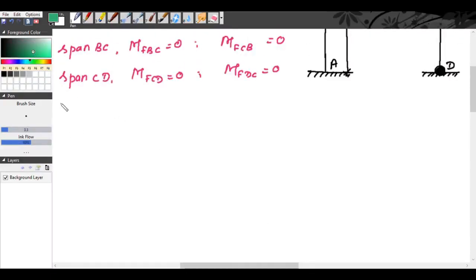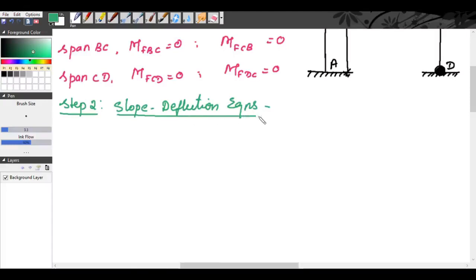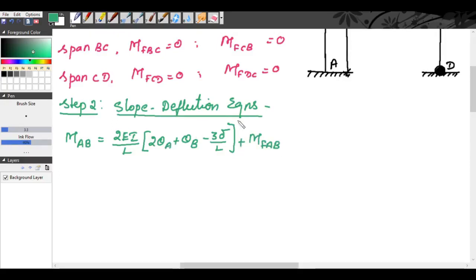So, for the span AB, the final end moment MAB is equal to 2EI by L into 2 theta A plus theta B minus 3 delta by L plus MFAB. Now, the end A is fixed, right?